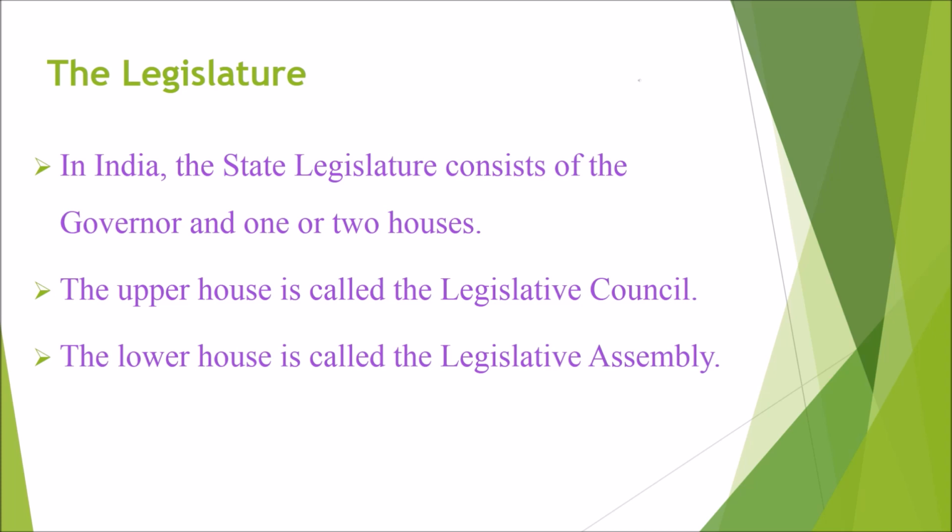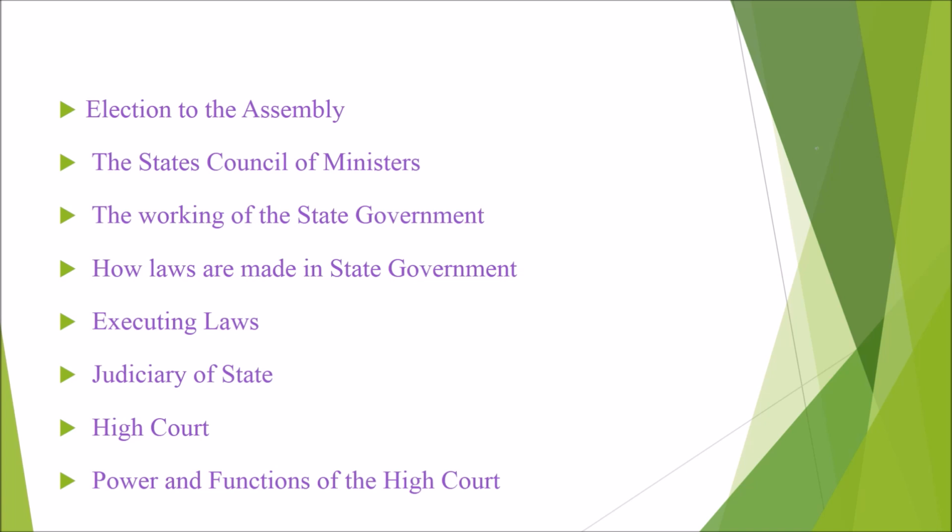The upper house is called the Legislative Council and the lower house is called the Legislative Assembly. Then we have already discussed election to the Assembly, the State's Council of Ministers, the working of the state government, how laws are made in the state government, executing laws, judiciary of the state, then the High Court and the powers and functions of the High Court.